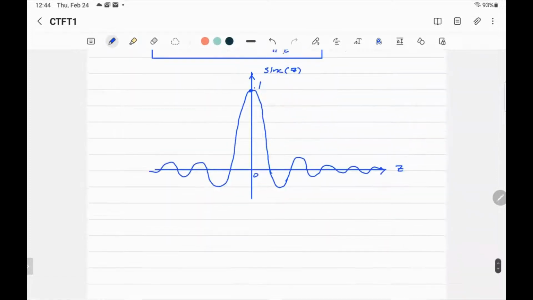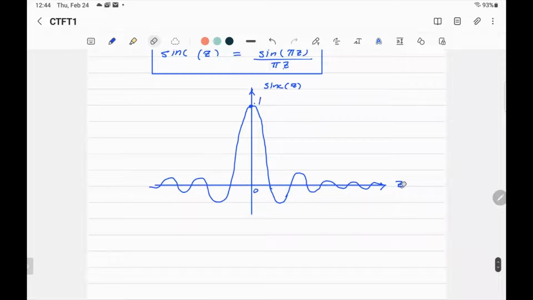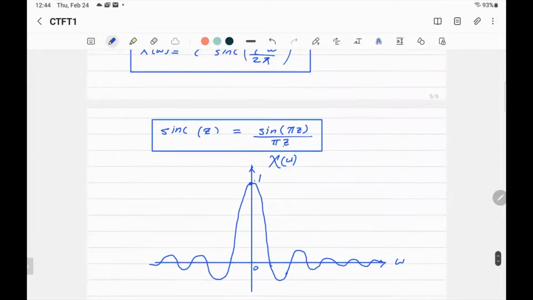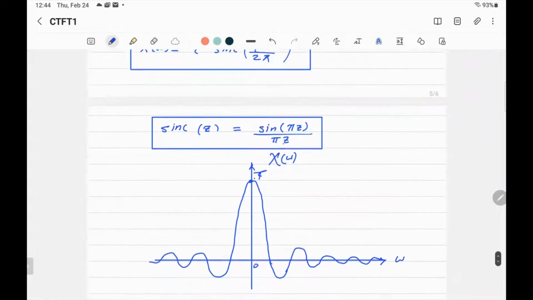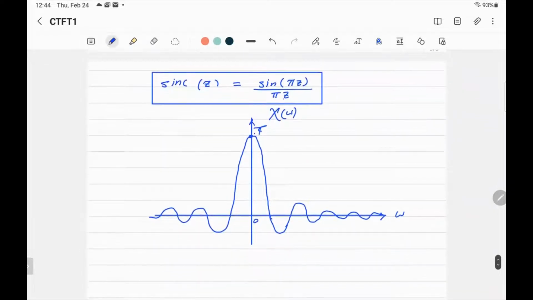So if I'm sketching the same thing now, I just change it to omega, and I still have the same thing. So that's X of omega now. The only thing I have here is tau, so I'll make tau the amplitude. Right. So what's happening now?